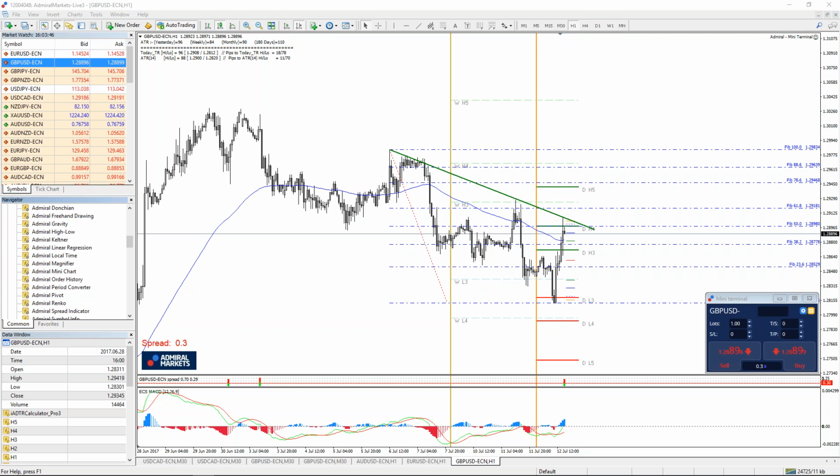Only 30 pip of a stop loss, but don't forget that we had positive news for pound, so we might see it going up, but I will probably sell it. I just want to see if the price will get into the zone. This is a POC zone, indeed. It's close to 29, and on the first break of 29 to the upside, I think we could sell it, because I think it will be rejected somewhere here.